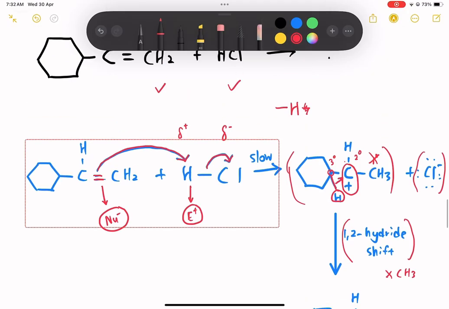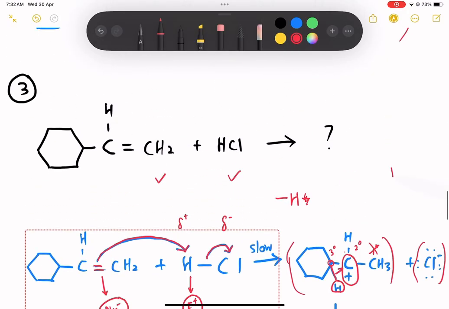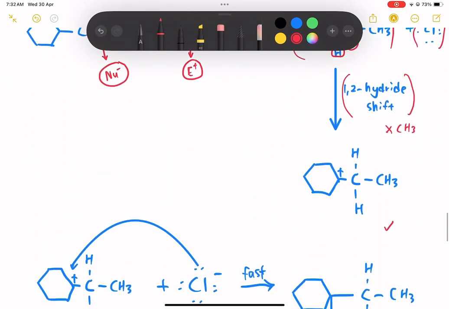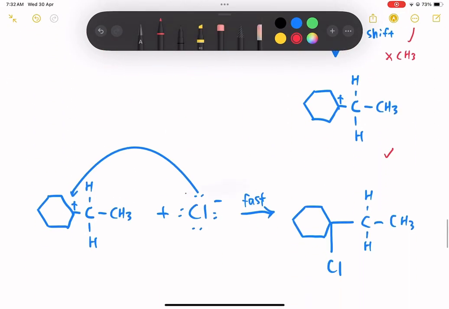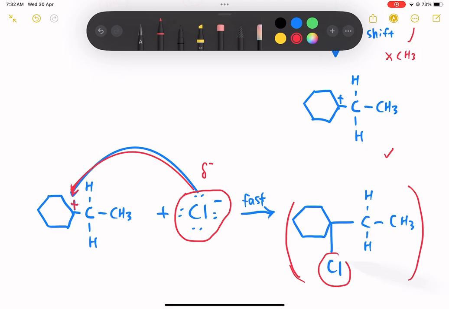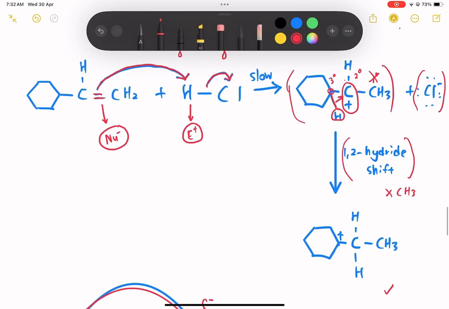Remember, initially you have already added H, but the next step we are going to add Cl. So the remaining Cl-, we're going to attack the partially positive carbocation, and the resulting compound will form this, where you have already added Cl.